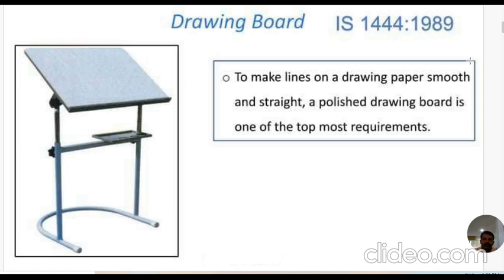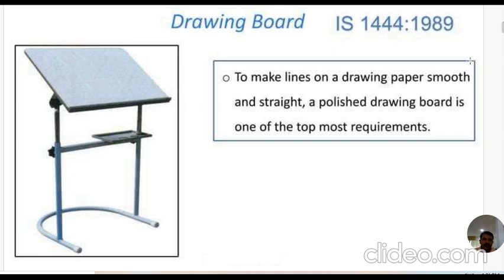The drawing board is made of soft wood, which makes it easy to draw and provides a plain surface. The plain surface is helpful for making the drawing easily. The types of drawing boards are D00, D1, D2, D3.